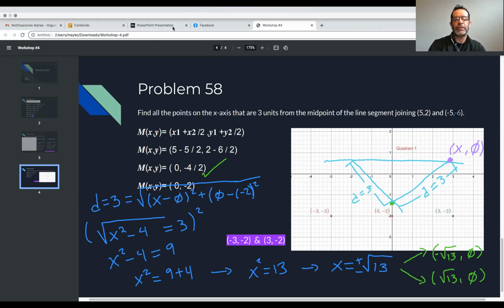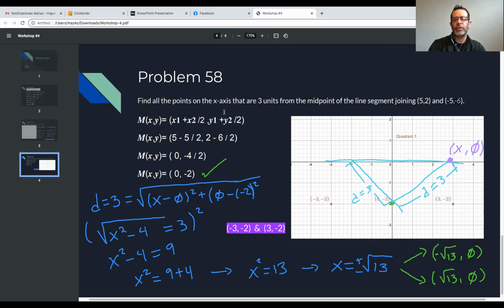Please don't move the slide. There we go. I need to take a screenshot for that. Those 2 points would be points that comply with the distance being 3 units.